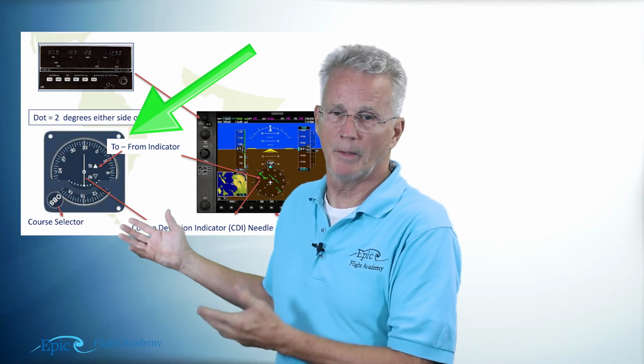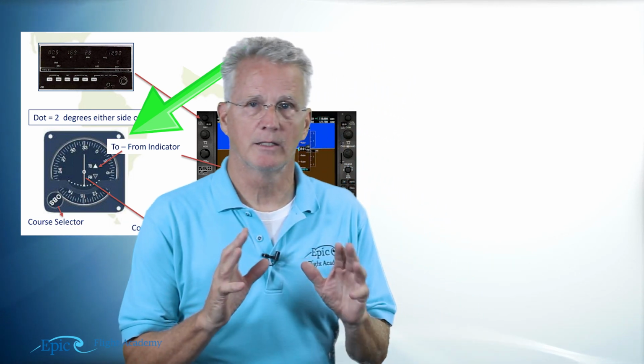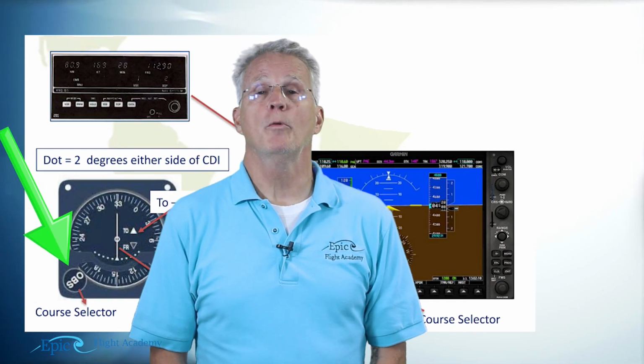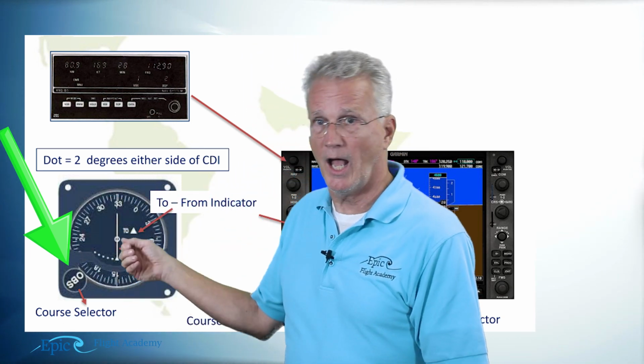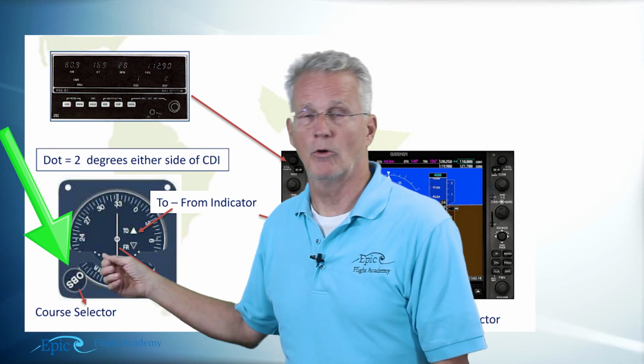Now, I want to blow up the picture of this instrument and take a little bit closer look at it, because there's 3 key parts that you and your flight instructor are going to want to review. The first one is called the OBS selector, and you see that in the lower left, and it's a knob that you turn and it says OBS.